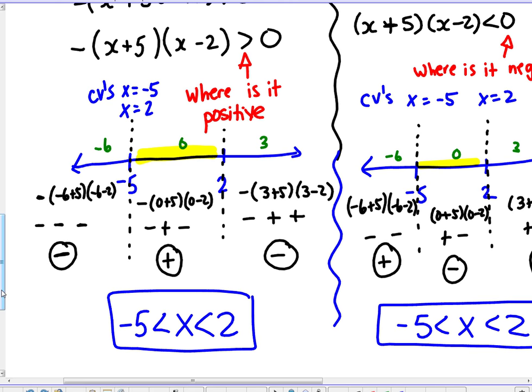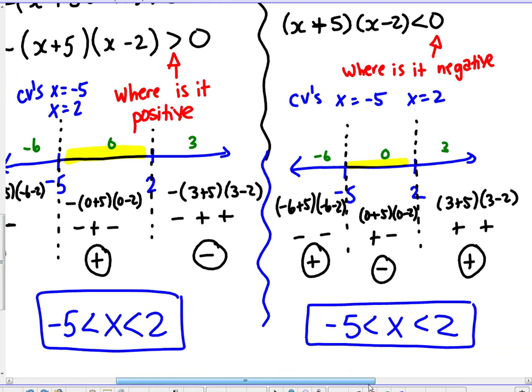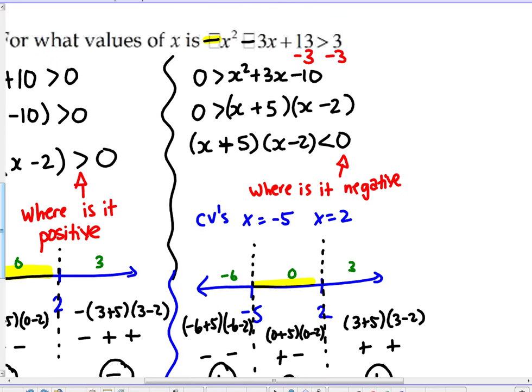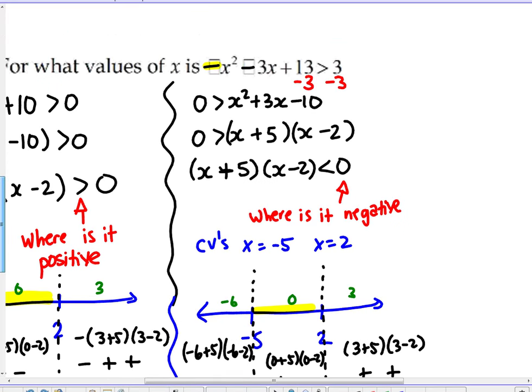Okay? Now, if you moved everything to the other side, if you decided, I don't like the negative x squared, which, hey, I'm with you on that, you just have to be very careful. So we're saying 0 is greater than x squared plus 3x minus 10, or we're really saying when is x squared plus 3x minus 10 less than 0?